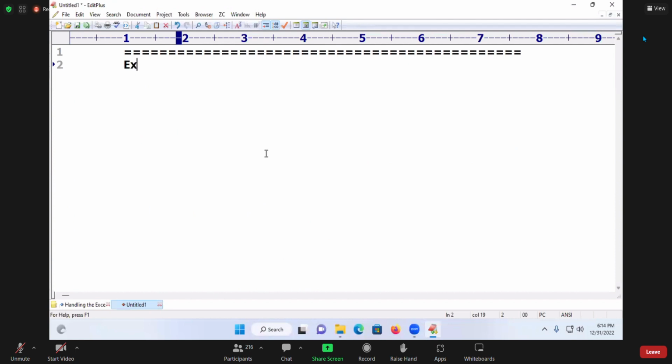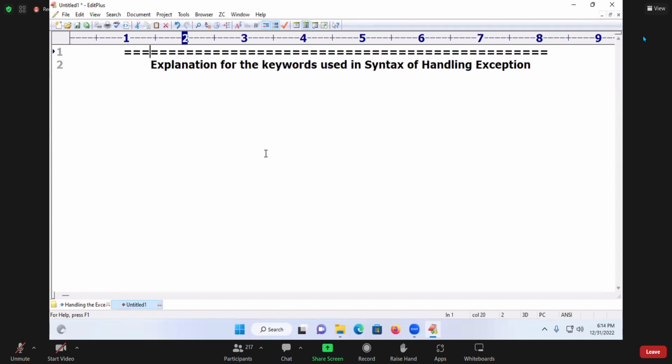Syntax explanation for the keywords used in syntax of exception handling. What are the keywords used in syntax of exception handling? Those keywords I am going to explain, students. Please observe carefully. Now I am going to write it.